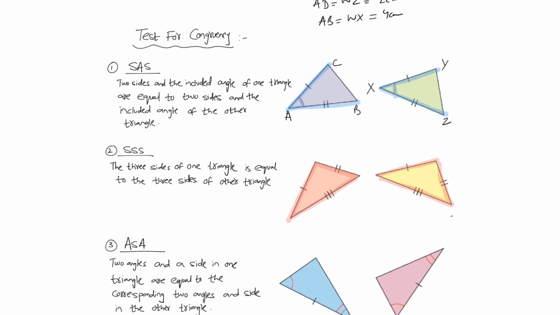So if this triangle was ABC and this triangle was XYZ, you can say that triangle ABC is congruent to triangle XYZ, and you will write SSS test satisfied.